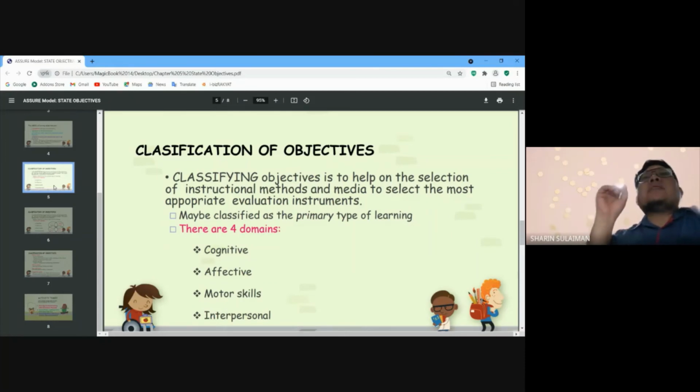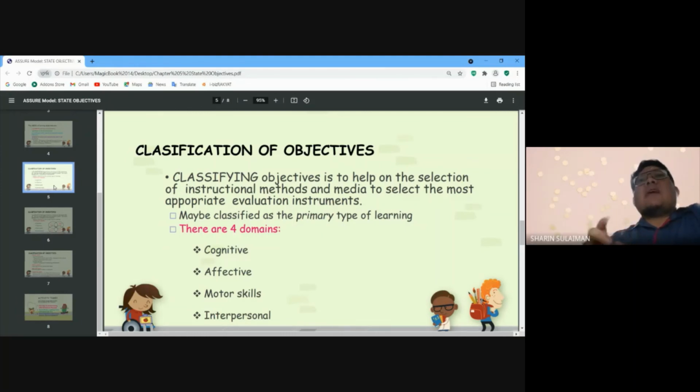Why is it important to put objectives into categories? Because if we put objectives into categories, it will help us choose the methods and media, to select the most appropriate, most effective, best tools to be used in evaluating the students' performance. When the objective is already in a category, then we know.